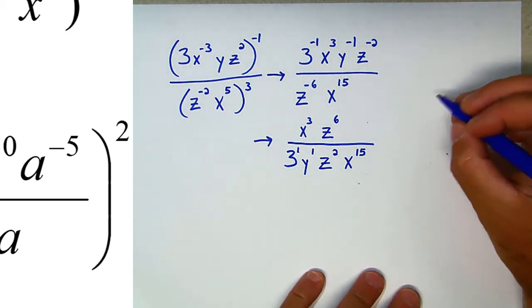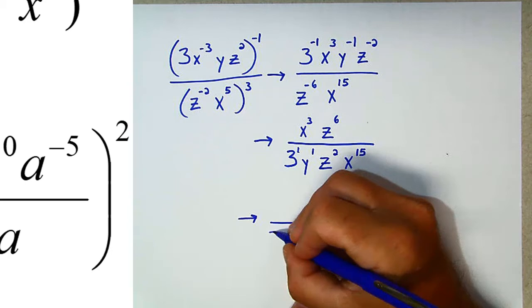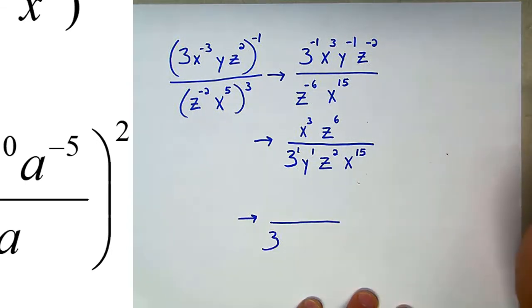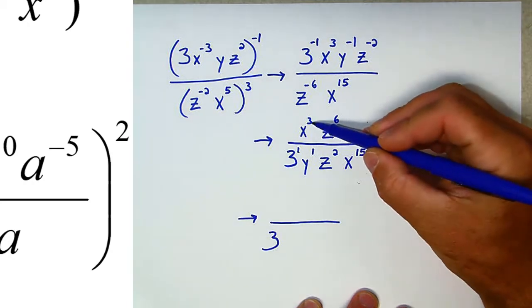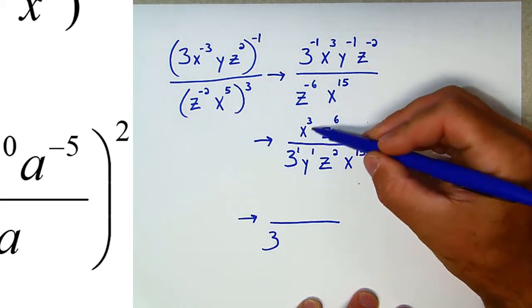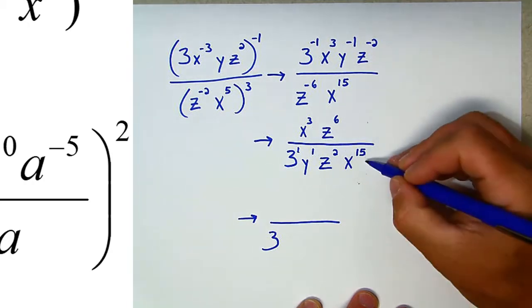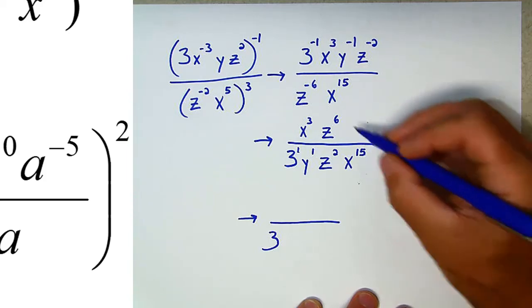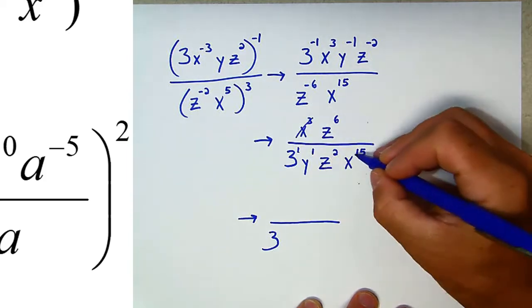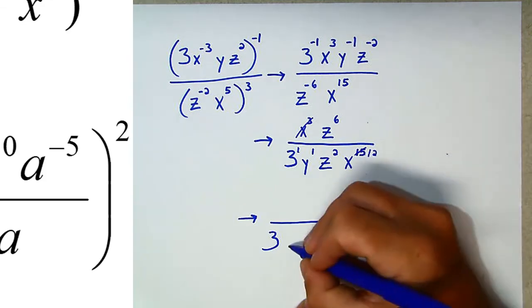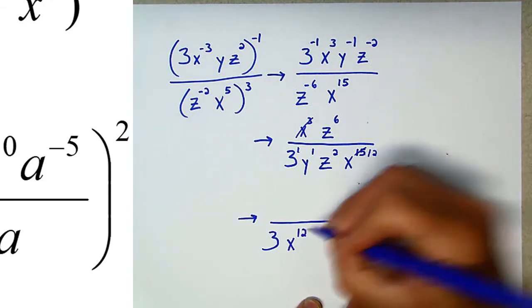Now let's simplify this even more. Our 3 is in the bottom, and we don't need to say 3 to the first, we can just say 3. We have 3 x's on the top, that is to say x times x times x, but we have 15 of them in the bottom. So the 3 that are on the top cancel with those that are in the bottom, and we're left with x to the 12th power in the denominator.